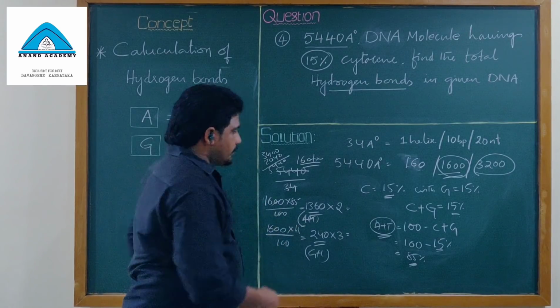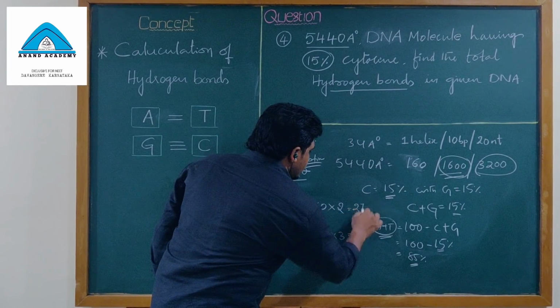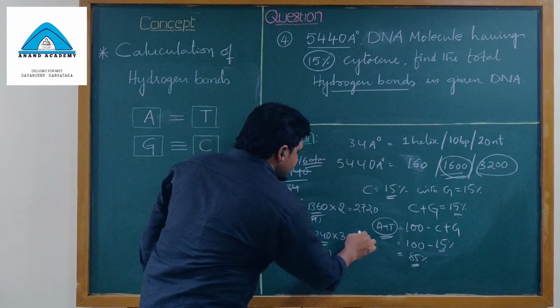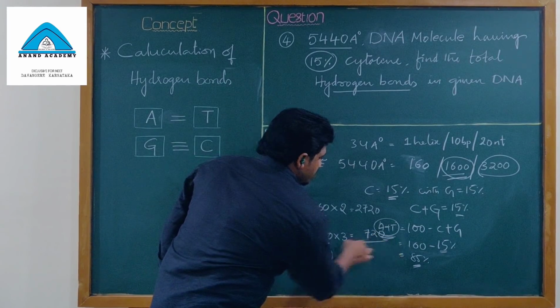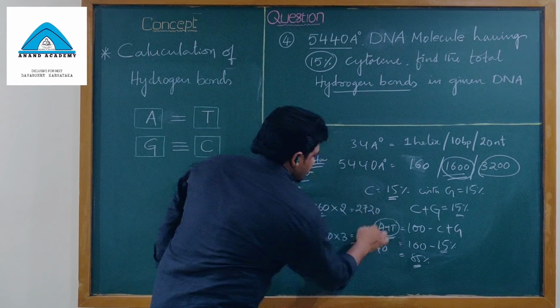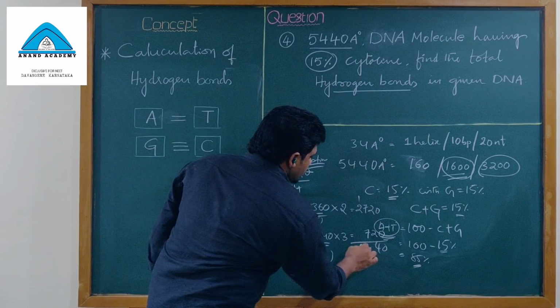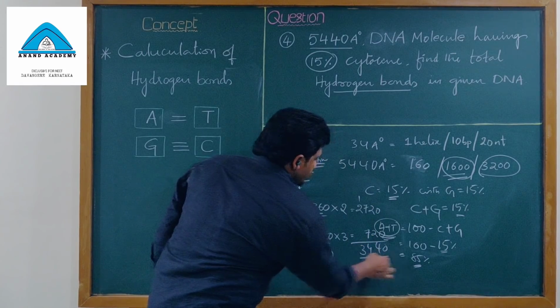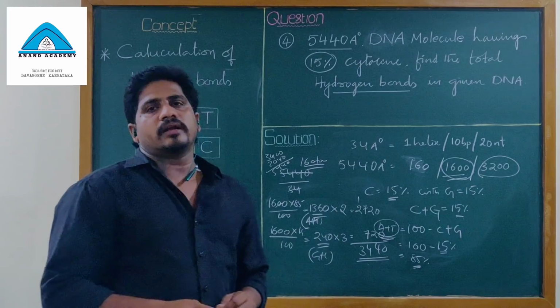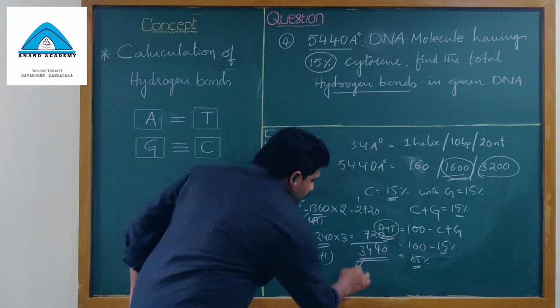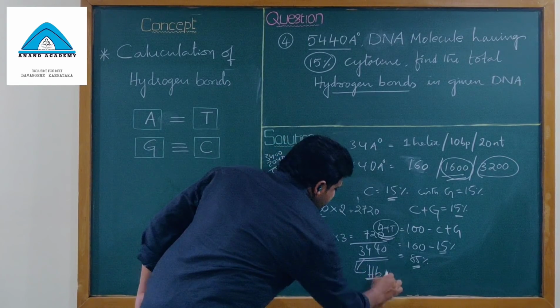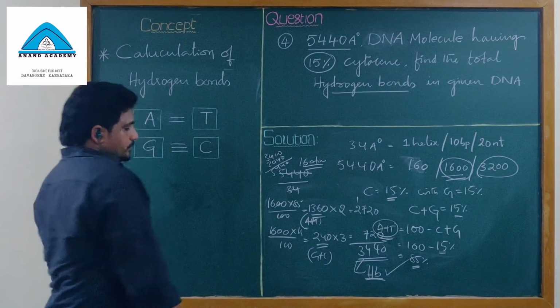Okay, now we summarize them. So this is 2720 and this is 720. So 3440 hydrogen bonds were present in total.